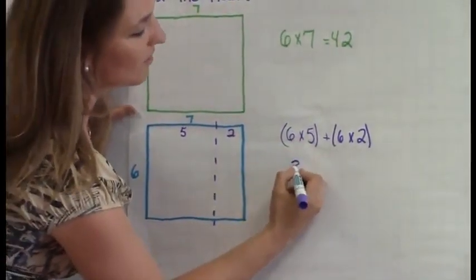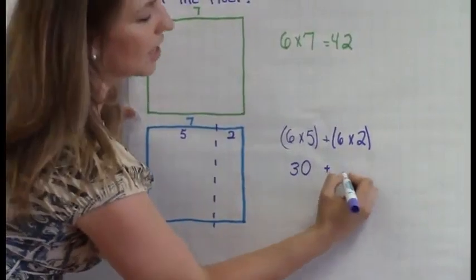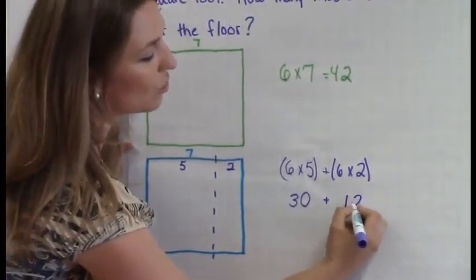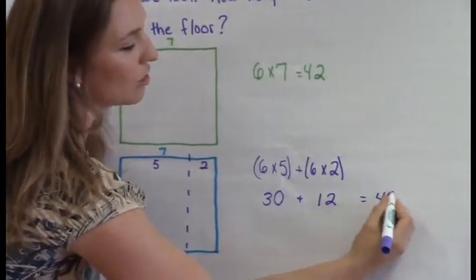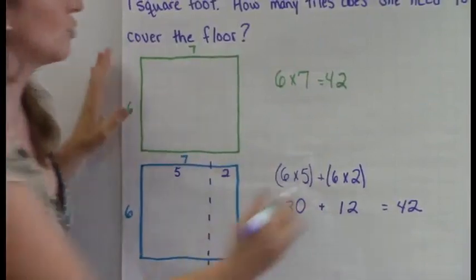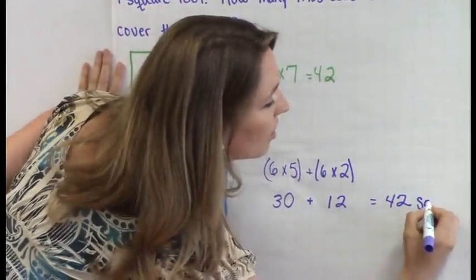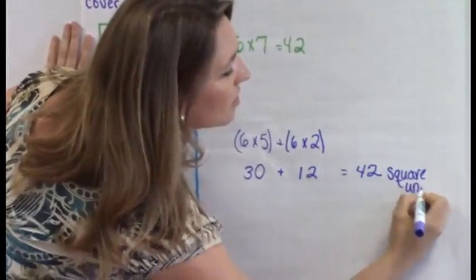I know 6 times 5 equals 30. And then from knowing my doubles facts, I know that 6 times 2 is 12. 30 plus 12 equals 42. Okay? 42 square units.